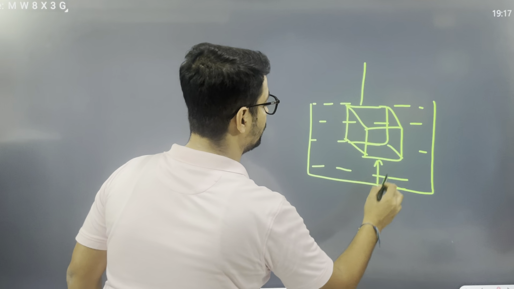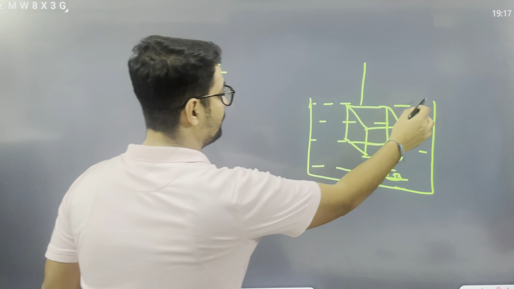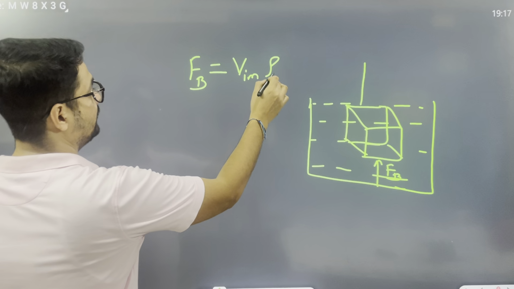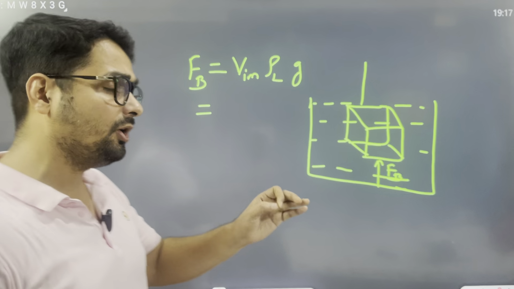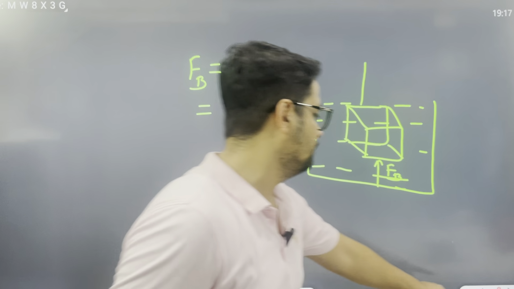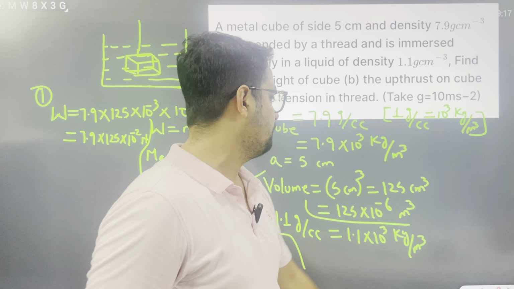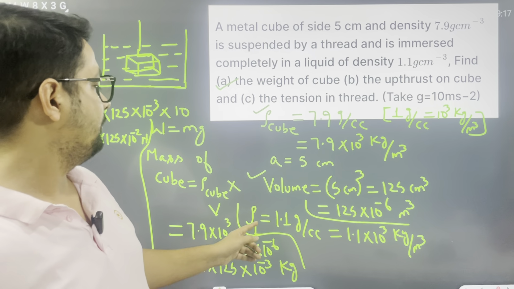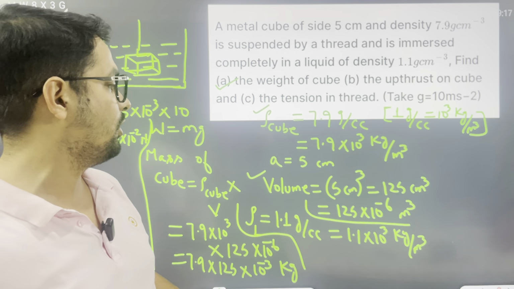So the buoyant force, the upthrust, acts in the vertically upward direction: V immersed into density of the liquid into g. You have seen in the question it is given that it is completely immersed, so the complete volume is 125 into 10 to the power minus 6. The density of the liquid is 1.1 gram per cc, that is 1.1 into 10 to the power 3.